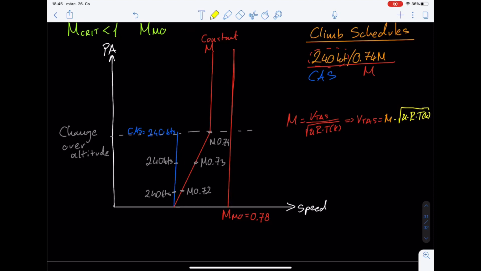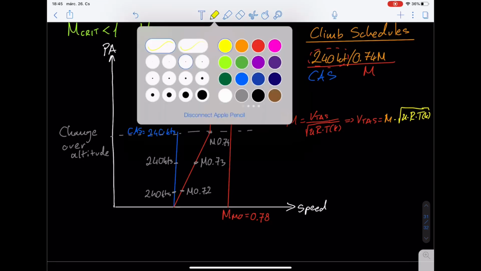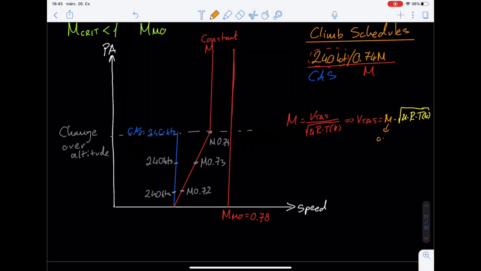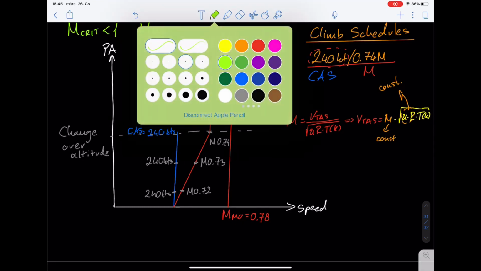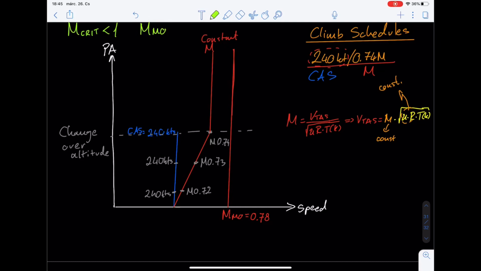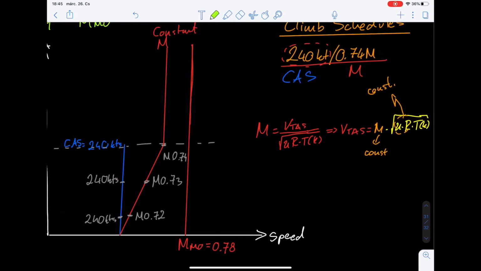Okay, so if the Mach number is a constant and these two are constants, what happens in the international standard atmosphere, in the troposphere, with the temperature when the pressure altitude is increasing? We haven't learned this from meteorology yet, but the temperature is decreasing.